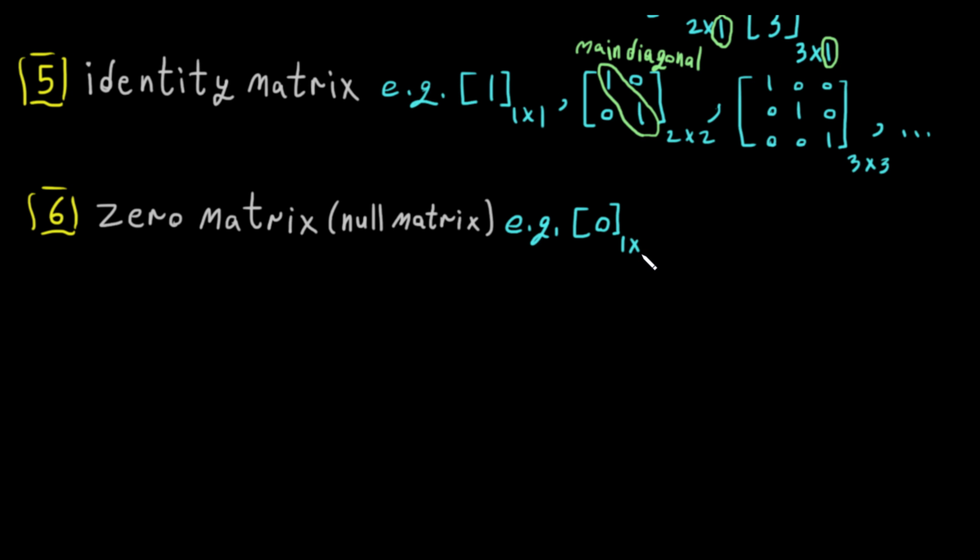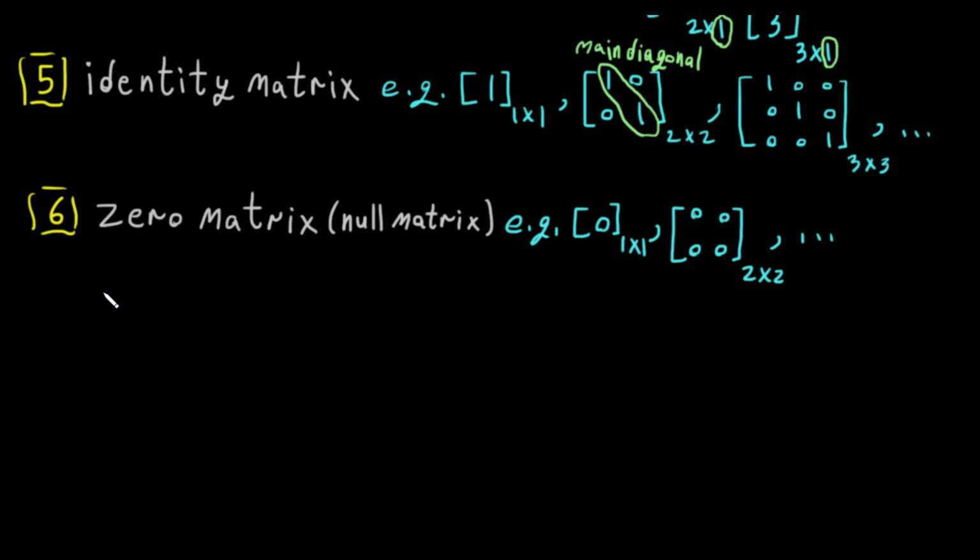This is a 1 by 1 matrix. It's the opposite of this one here, only 1, and here only 0. Or you can write 0 0 0 0, this 2 by 2 matrix, and they call it a null matrix or zero matrix. You can put 2 by 3, 3 by 2, 3 by 3, or any size you wish.